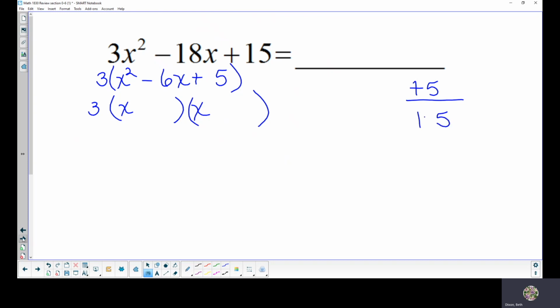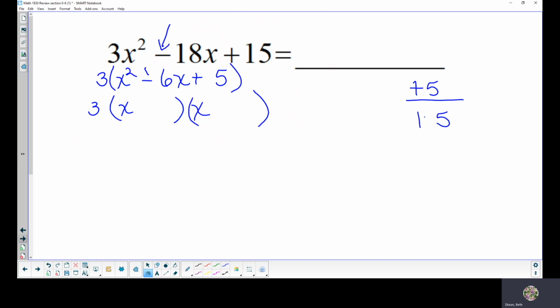The only things that multiply to be 5 are 1 and 5. If we multiply to be 5, that gives us 1 times 5 is 5. Do they add to be 6? Well, 1 and 5 do give me 6 when I add, and they need to be the same sign as that middle term.